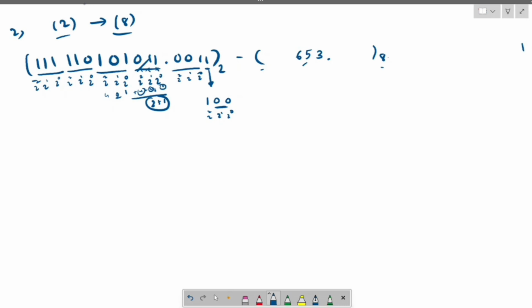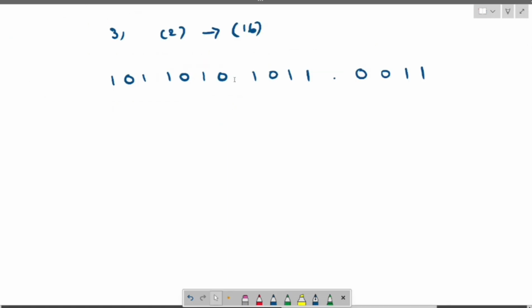Now here all are present, so 1 plus 2 is 3, 3 plus 4 is 7. Done. Same way do this, here ignore zeros, we have only 1, right? Like 2 power 0 into 1 is 1, and here ignore zeros, 2 power 2 means 4, 4 into 1 is 4. This is how the conversion will be.